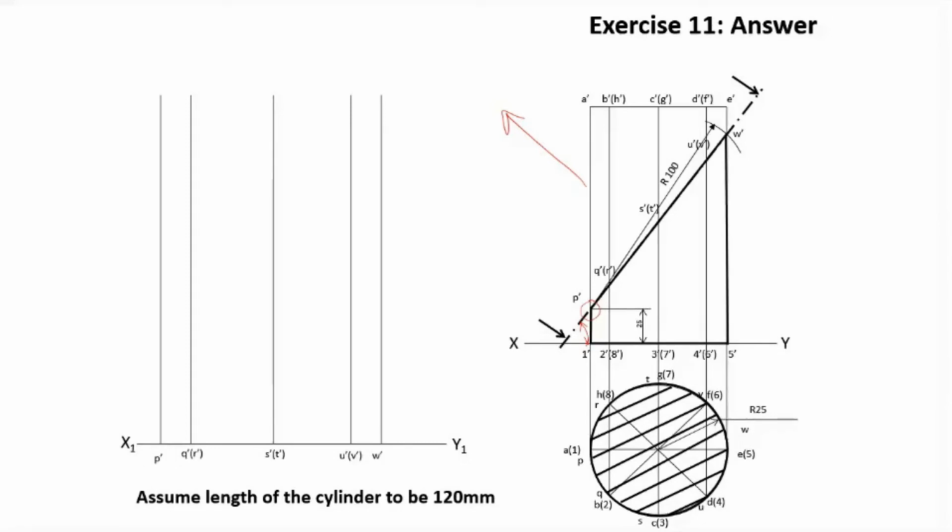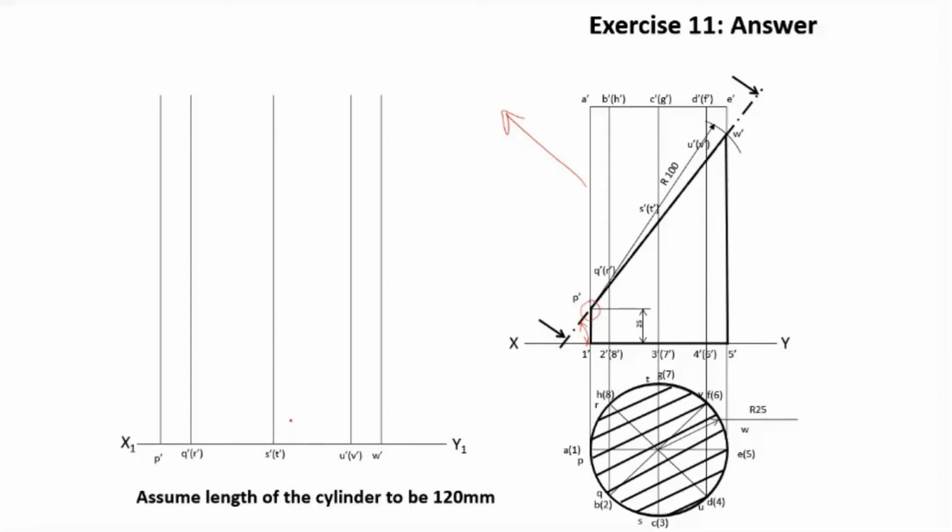This is similar to drawing perpendicular lines from P dash, Q dash, R dash, S dash, T dash, U dash, V dash, and W dash, perpendicular to this section plane, passing through these points. So this is similar to the same thing.